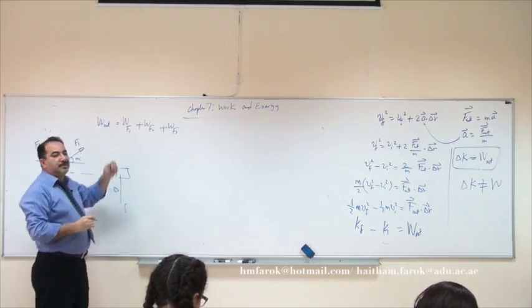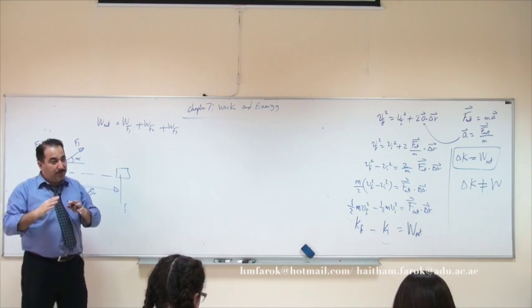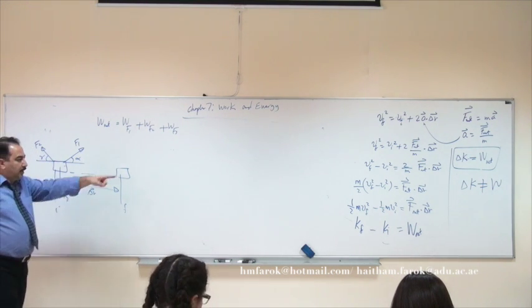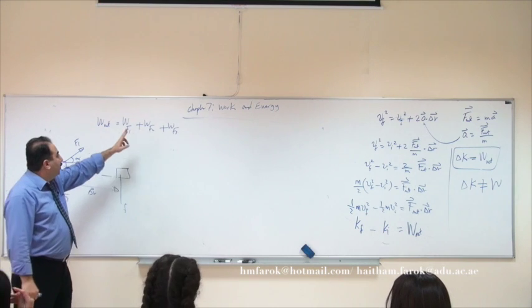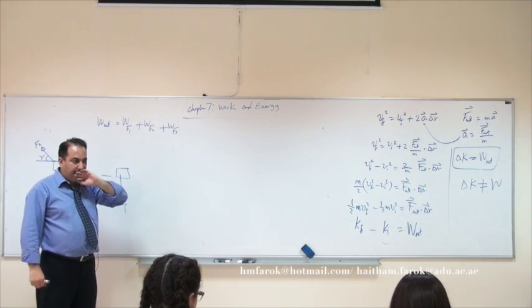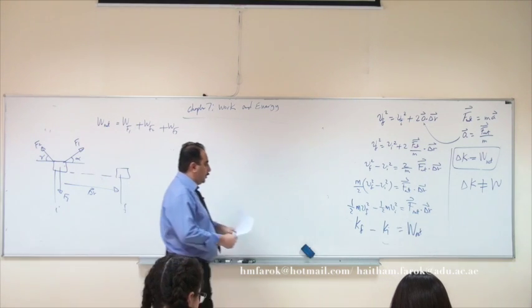Add those 3, it gives you W net. So if you are looking for W net, and most of the time you need W net, total work, you have 2 ways: either the changing kinetic energy of the system or the individual works of each force. Add them. So now I'll give you an example of how to use this one. W net equal to that.